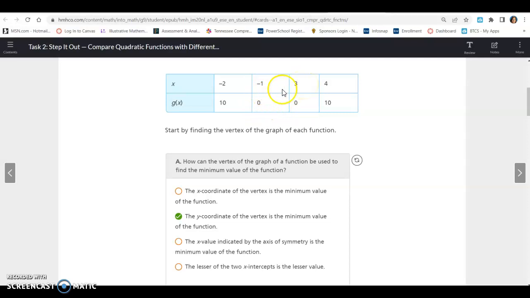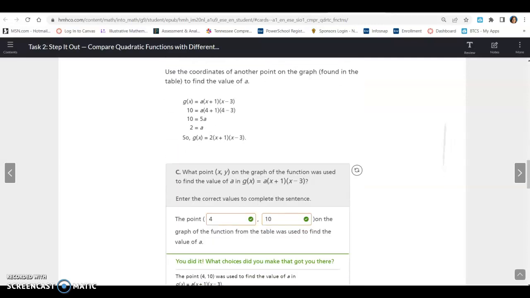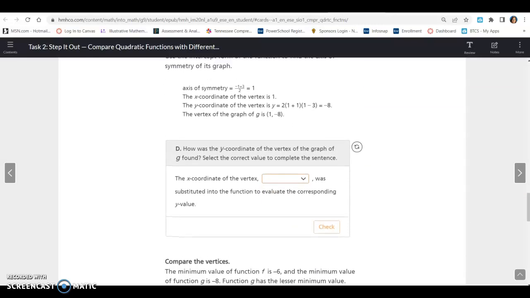So we're going to take those and average it, and we know the vertex is going to be in the center of that. So anytime you find the average, that gets the middle value there. So the axis of symmetry is going to be x equals 1. And then all you have to do is plug 1 into your equation for x, and that gives you your y value. All right, so 1 and -8 is the vertex.